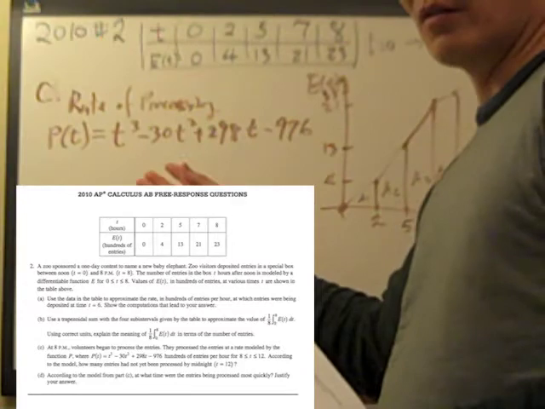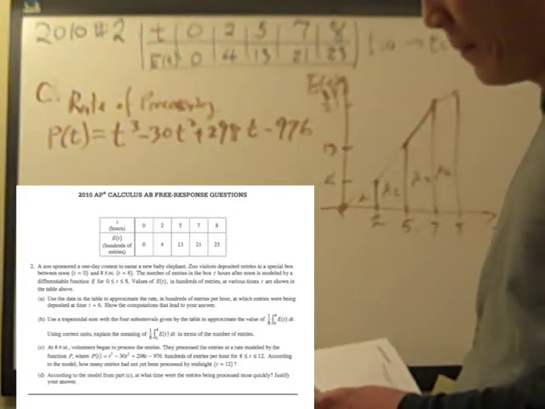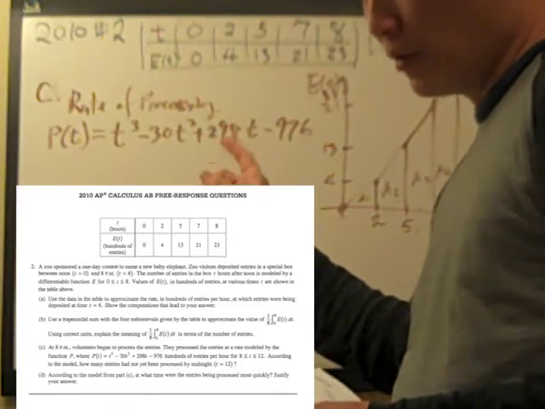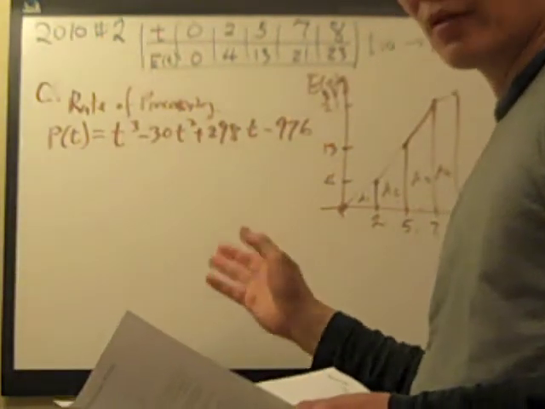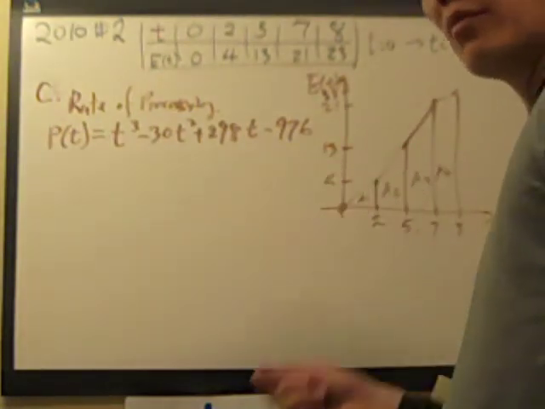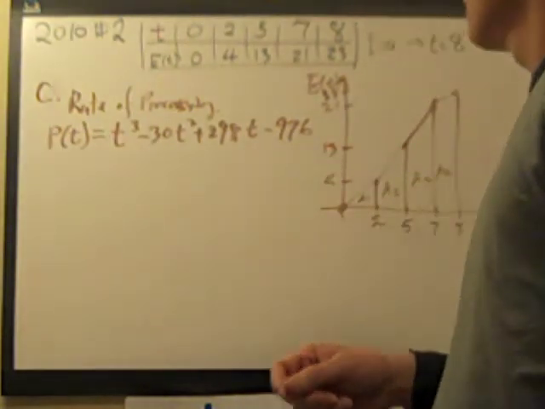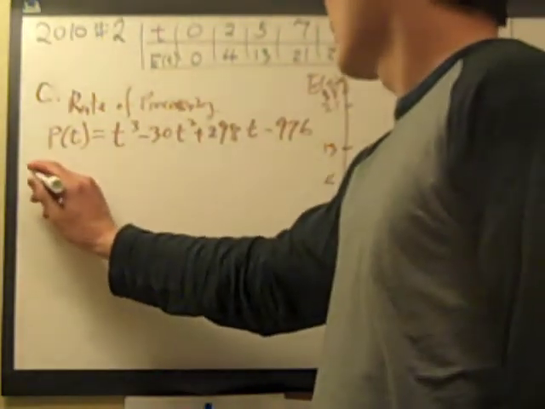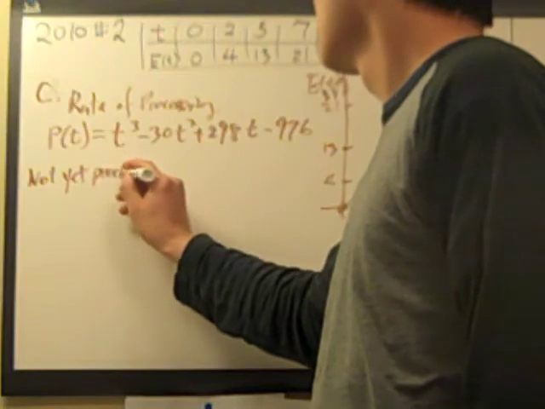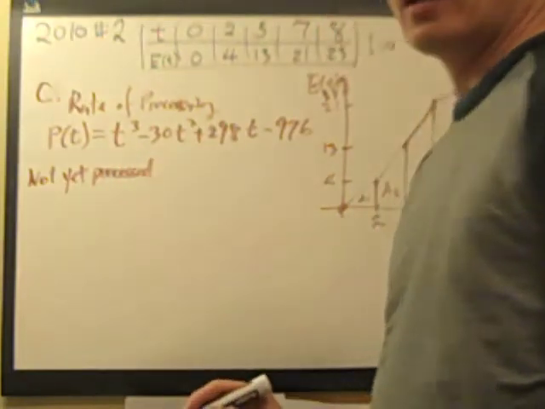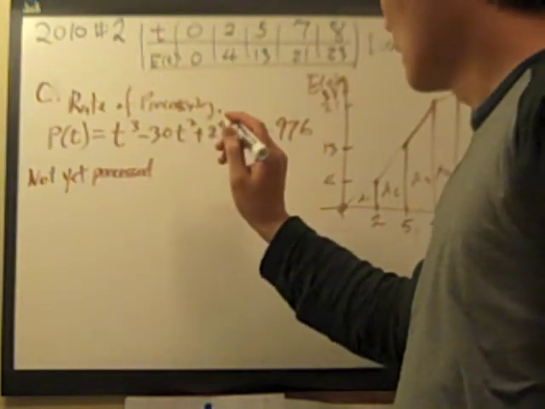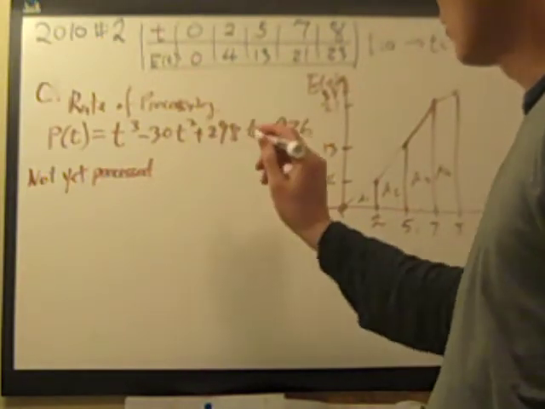So in this case it's rates, entries per hour. Now according to this model, the question is how many entries had not yet been processed by midnight. The entries that had not yet been processed by midnight. And this is to talk about not yet processed in the unit of actual entries.